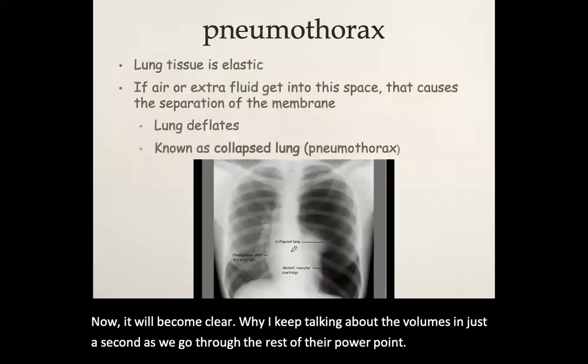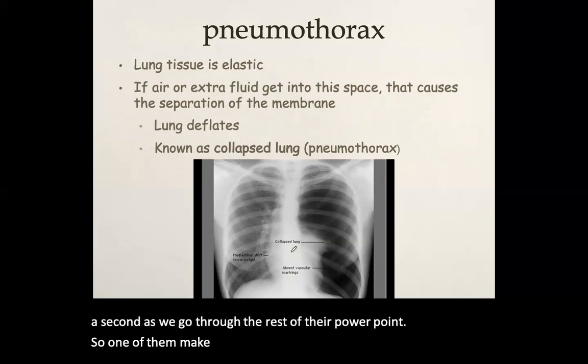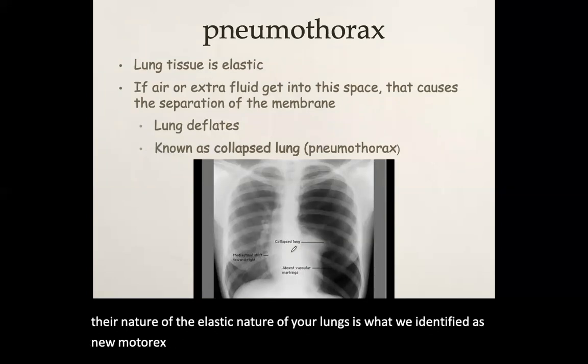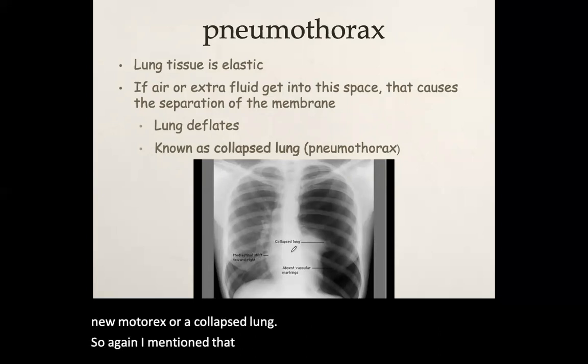So one of the main medical conditions associated with your lungs and the elastic nature of your lungs is what we identified as pneumothorax or a collapsed lung. So again, I mentioned the elasticity of the lung tissue.